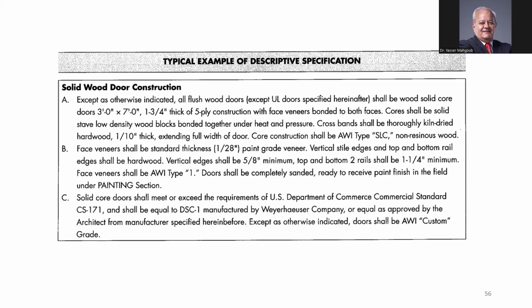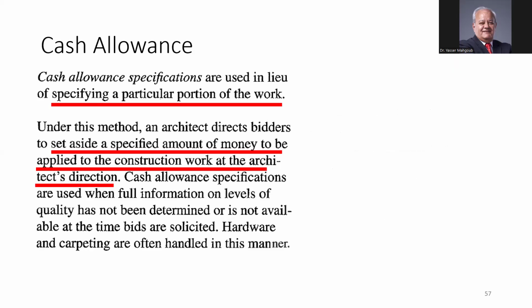So this is a descriptive specification: solid wood door construction, where you give all the details. Or in the other types of specs, you say, I want a 1.2 meter door. That's it. And then you leave it to the contractor.